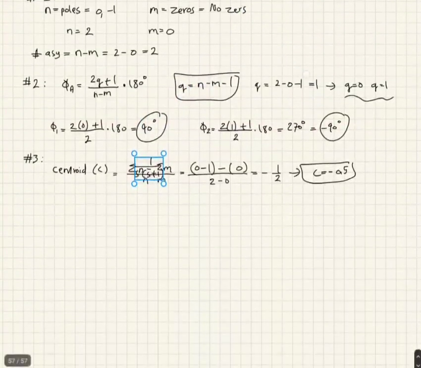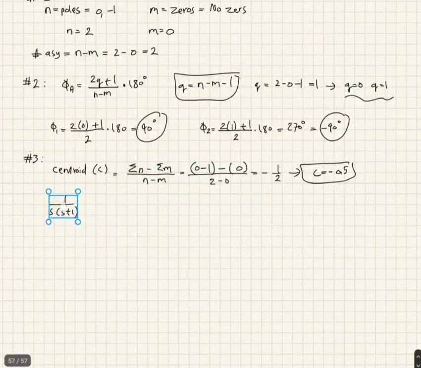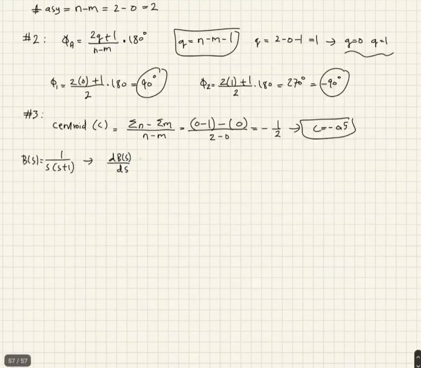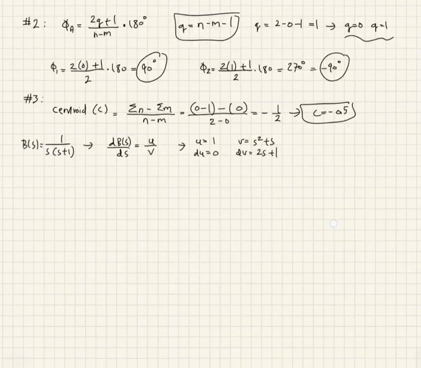And this is the same even if you have a very complex equation, this is the basic idea that you have to apply, okay? So if you take the derivative of B of S with respect to S, we have a U over V, where our U is 1, our V is S squared plus S, and then our du is 0, our dv is 2s plus 1, okay?